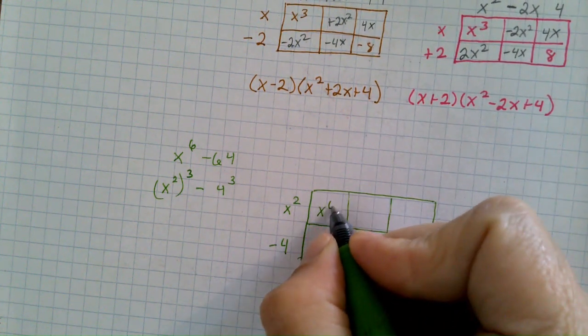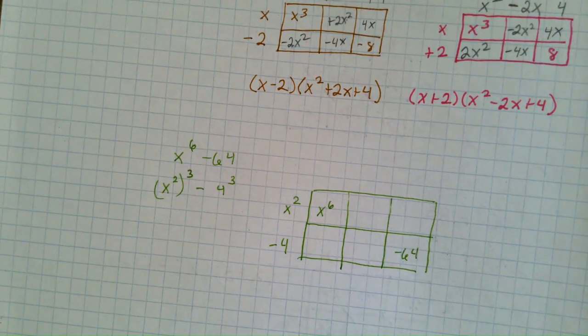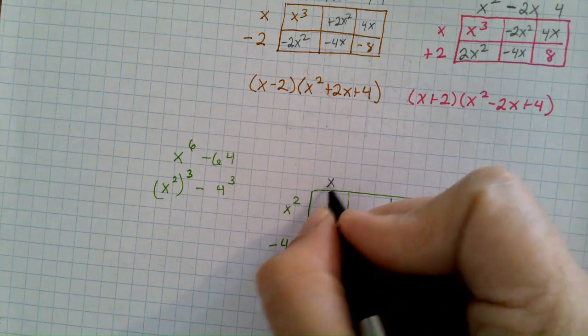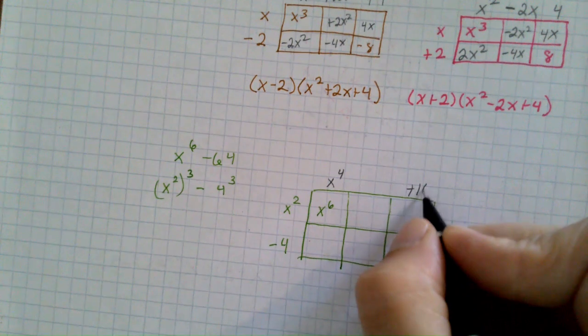And this was x to the 6th, and this was minus 64. Okay. You would have needed x to the 4th, and you would have needed positive 16.